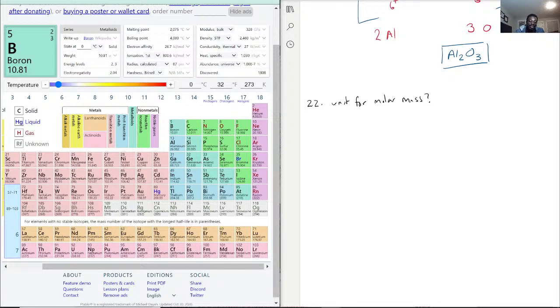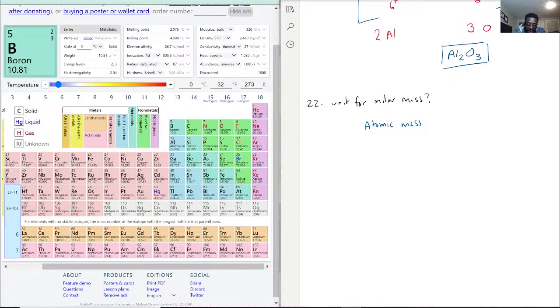The atomic mass that you see there is the mass for 1 mole of an element.